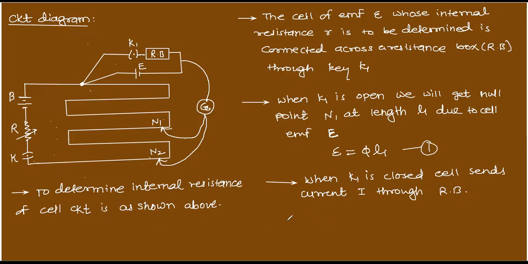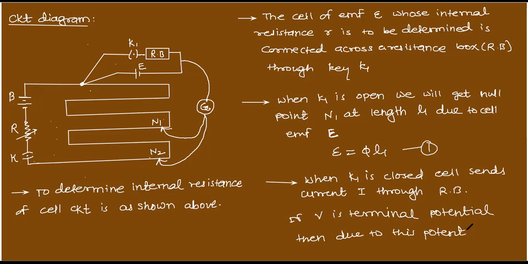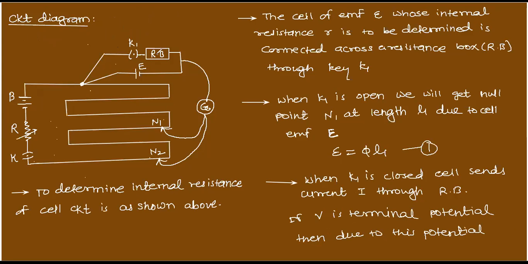Therefore, if phi is terminal potential, then due to this potential, we will get null point N2 at length L2, right? Because when this K1 is closed, current will flow through this also, and therefore terminal potential is changing, V, not E here.